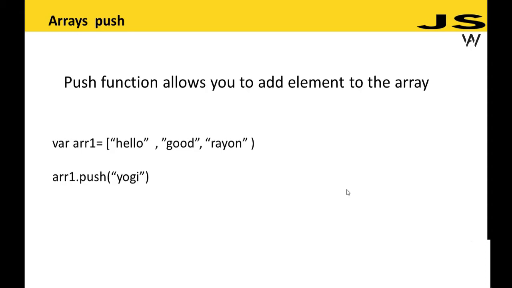And if I use the name of the array, that is R1, and I type dot push Yugi. So in JavaScript, this function will just add this element to the array. Okay, so now the R1 array will equal hello, good, Ryan, and Yugi. We add an element to the end of the array.